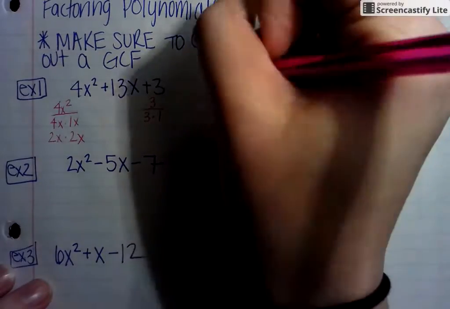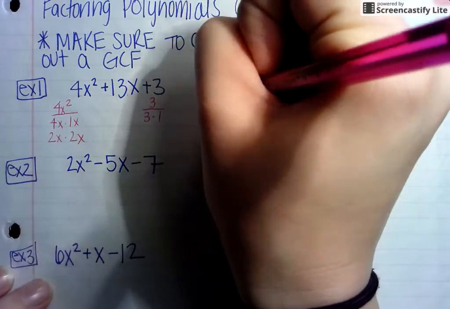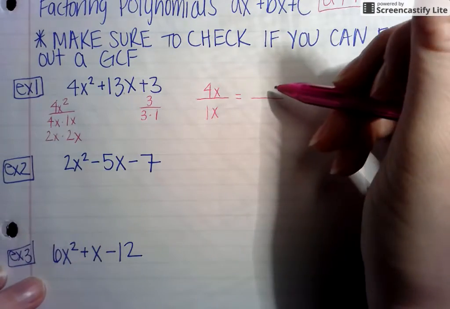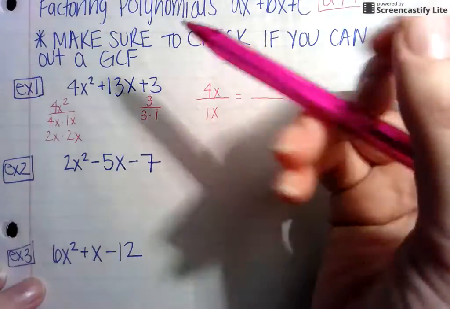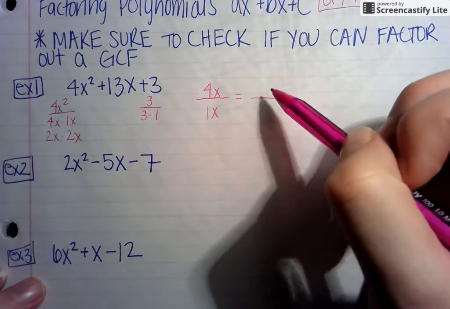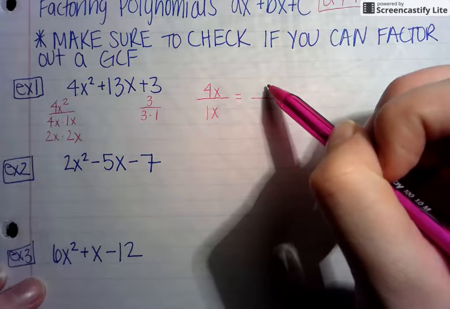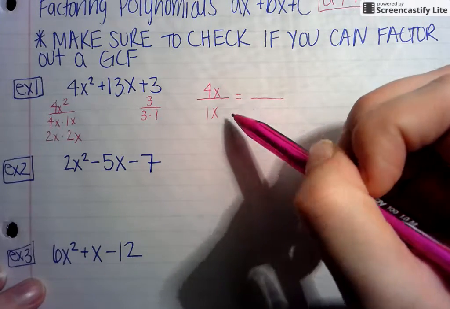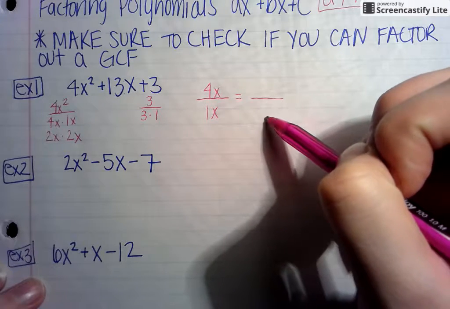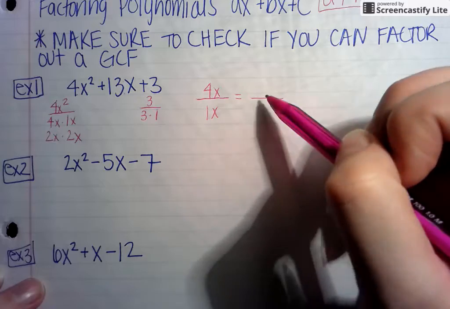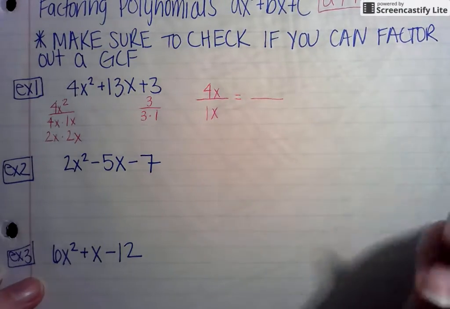So my first guess, what I would do is I would have 4x and 1x. So if I put that down, I always put my a values on this side and my c values on this side. Well, I'm going to say to myself, I have 3 times 1. So if I put 3 on the top, that would be 3 times 1, which is 3x, 4 times 1, which would be 4x, which would end up being, if you added those together, 7x. So that one wouldn't work.